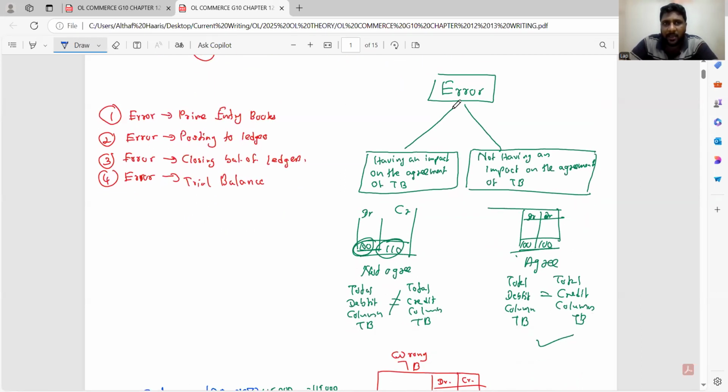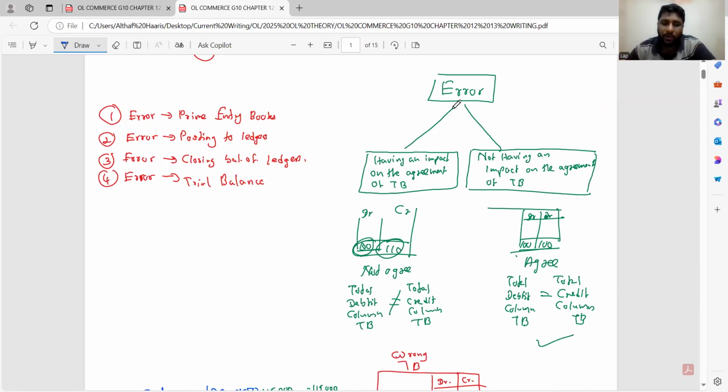Certain errors are there which you will not be able to find through the trial balance. That means the trial balance is balancing, it is agreeing. We call those errors that do not reflect from the trial balance, the errors which will not have an impact on the agreement of the trial balance.